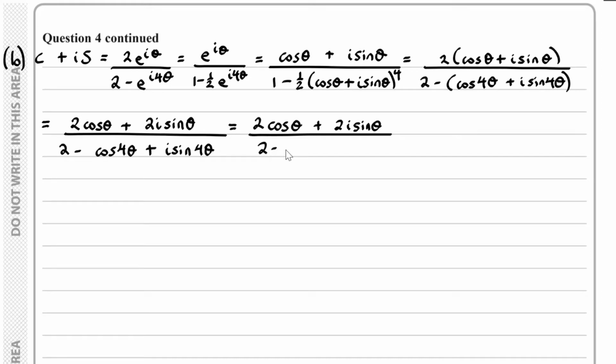So we have 2 minus cos 4 theta plus i sine of 4 theta on the bottom, and therefore we multiply the top and the bottom by 2 minus cos of 4 theta minus i sine of 4 theta. Okay? Hopefully that step makes complete sense.